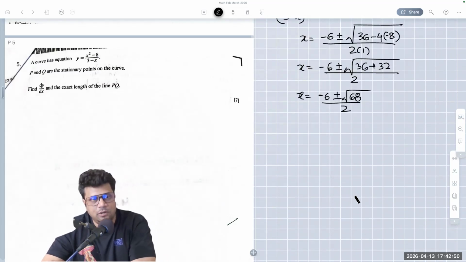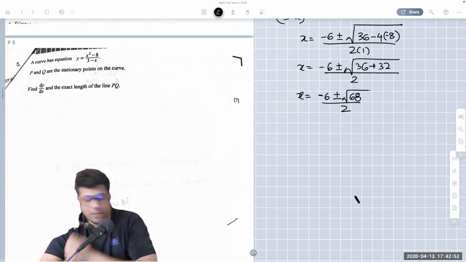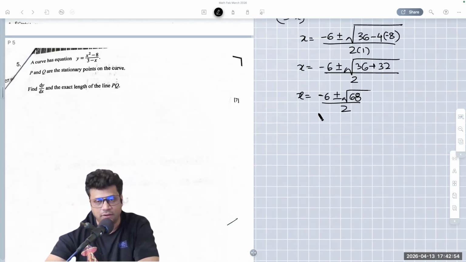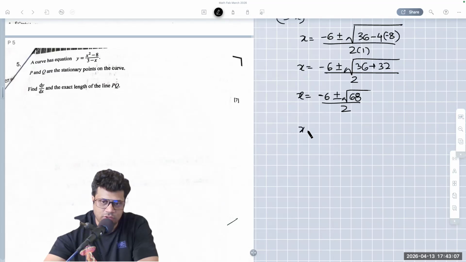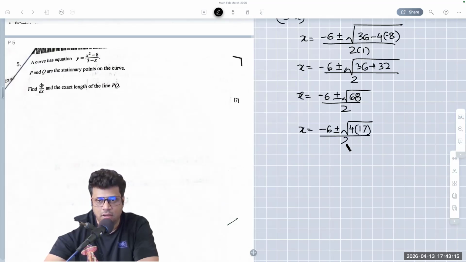Okay, that's why the exact length thing, because they want it to be a surd kind of question. Okay, so can we factorize this? Does it go by 4? Yes, it does. So x equals minus 6 plus minus root over 4 into 17, divided by 2.